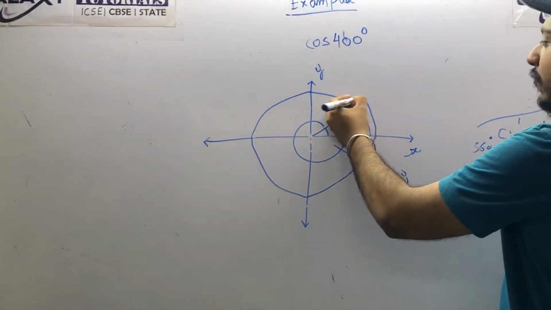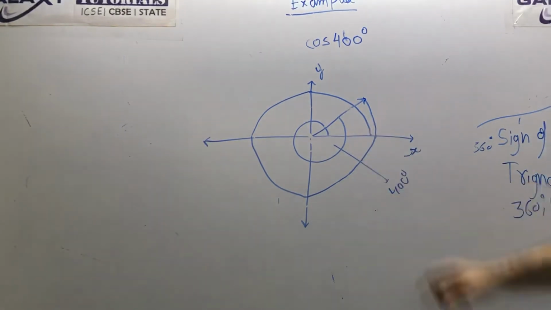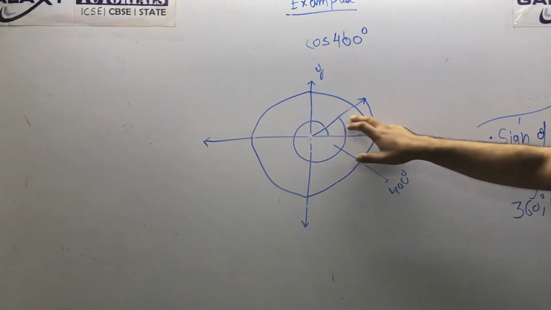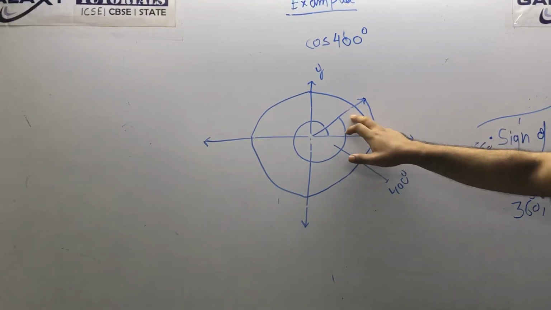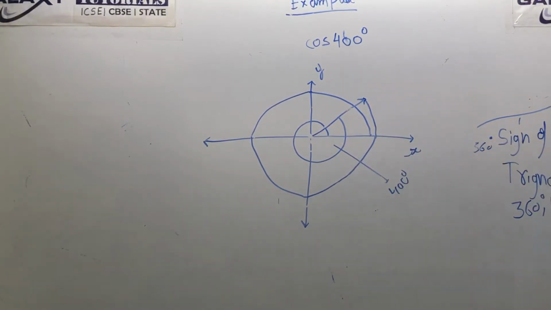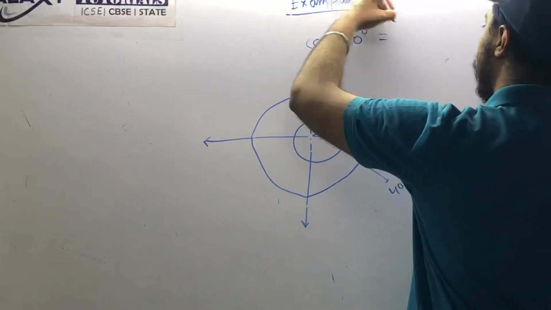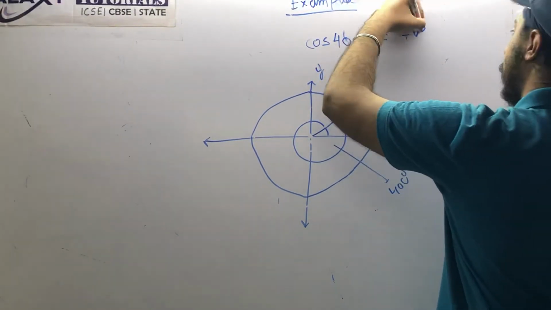Which quadrant is this 400 degrees lying in? This is lying in the first quadrant, and in the first quadrant all functions are positive. So it will be positive.